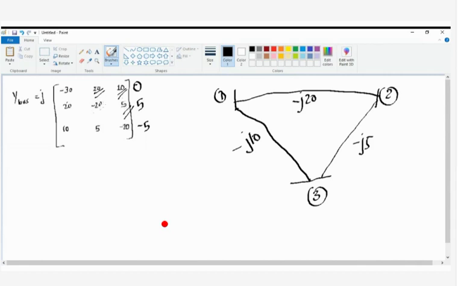If that element only shows up in the diagonal element, that means it's the shunt. So at bus number 2, there is a shunt of J5. At bus number 3, there is a shunt of minus J5. Okay, is this what you got?